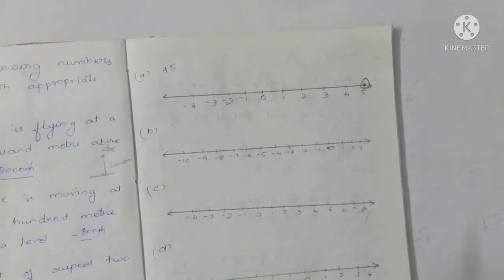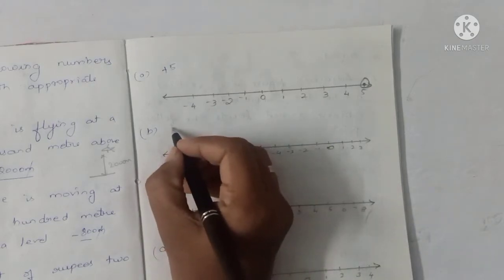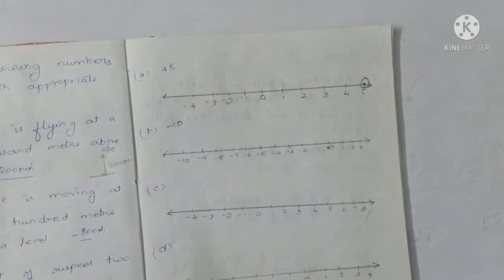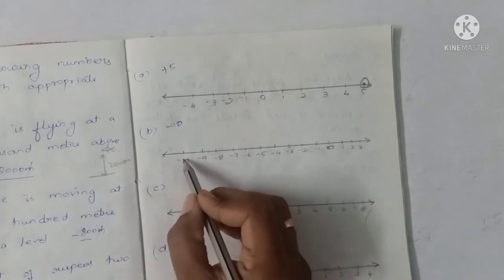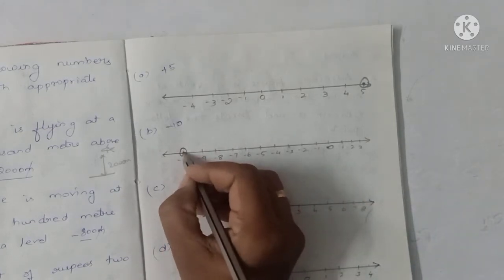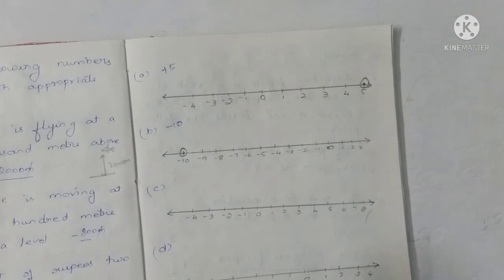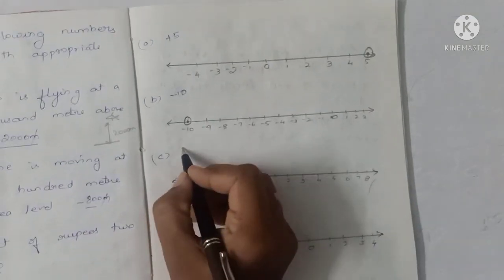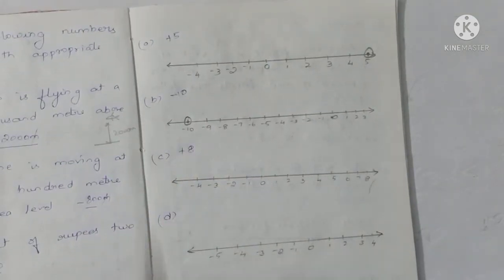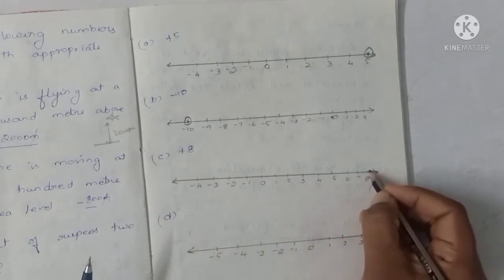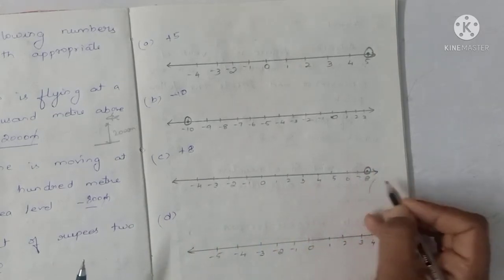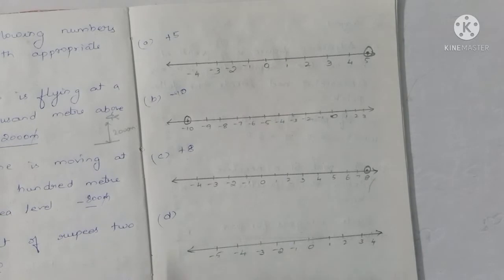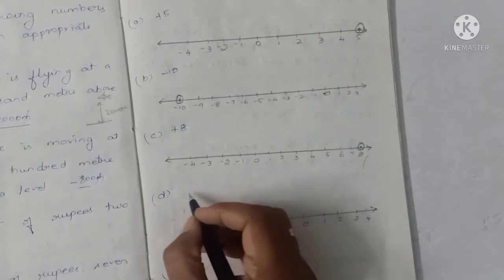The next subdivision B is minus 10. So where is minus 10? Minus 10 is here. The next subdivision C, plus 8. So where is plus 8? 8 is here. The next subdivision D, minus 1.